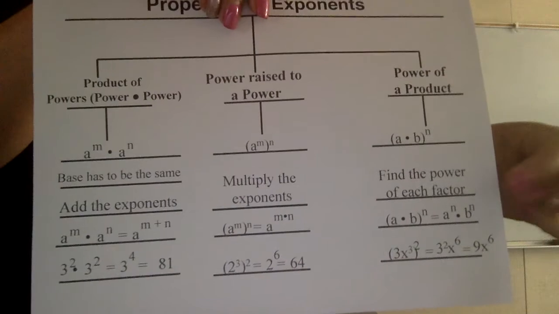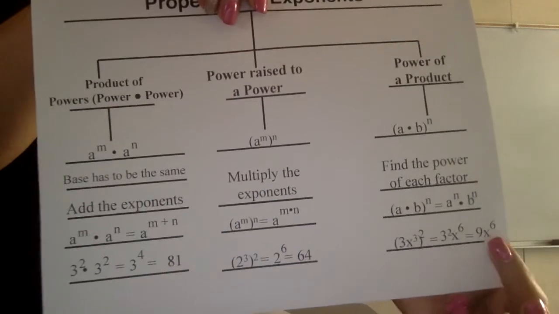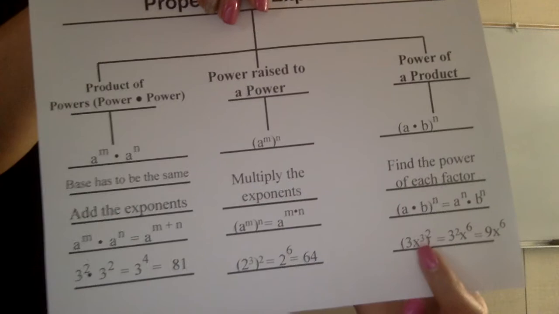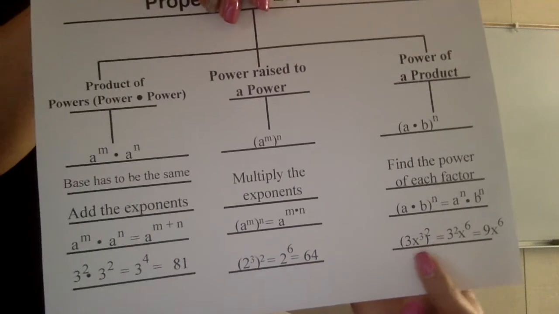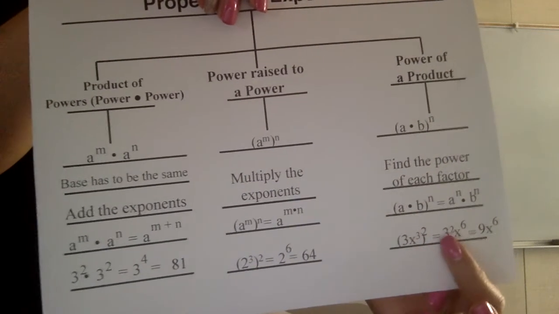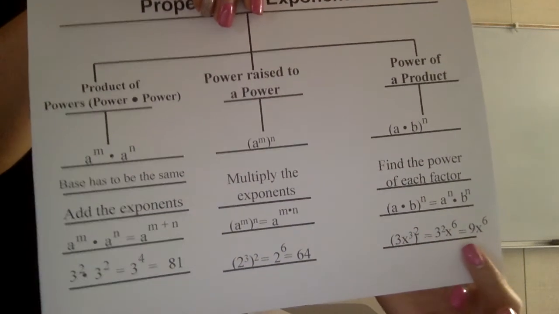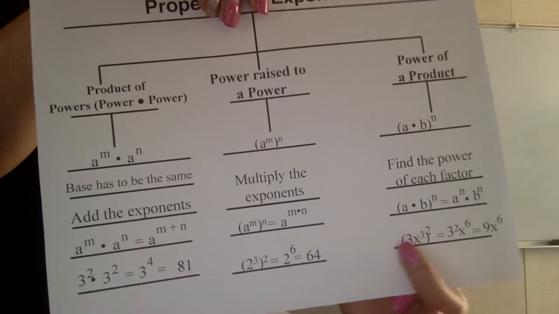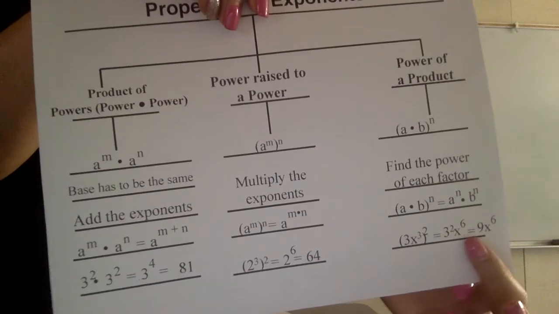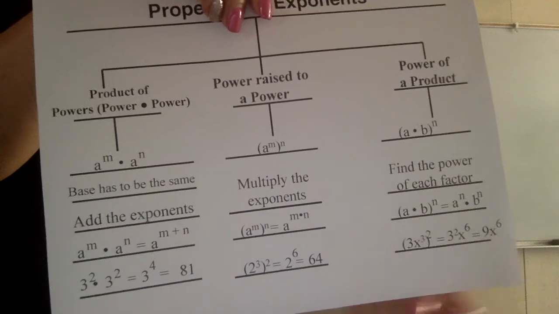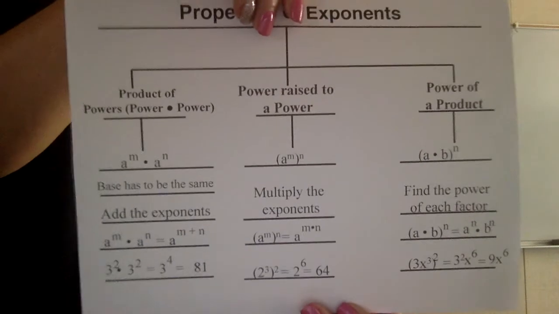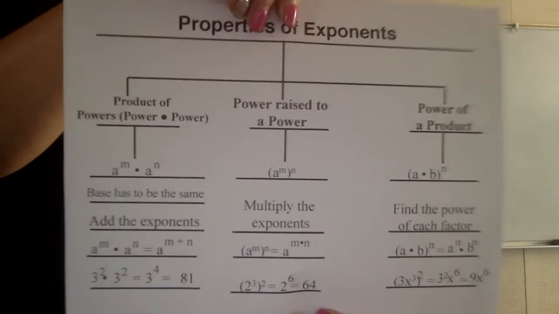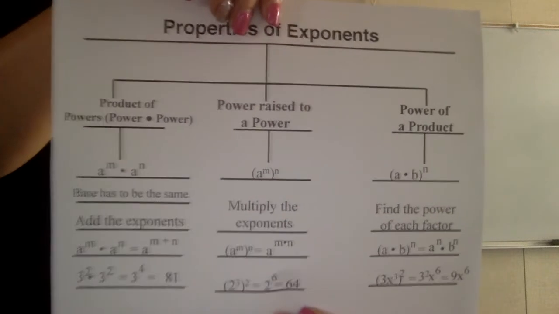So in this example, we're going to have 3 to the second and x to the third, to the second. 3 squared gives me a 9. And for the x, 3 times 2 gives me 6. So it should look like 9x to the 6. So those are the first few laws of exponents, or properties of exponents, that I want to do.